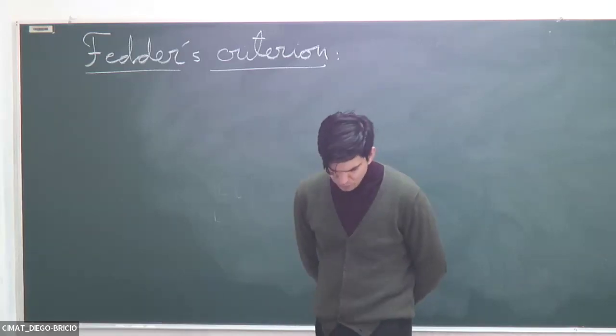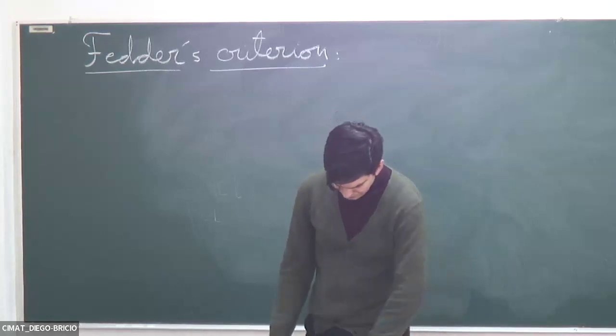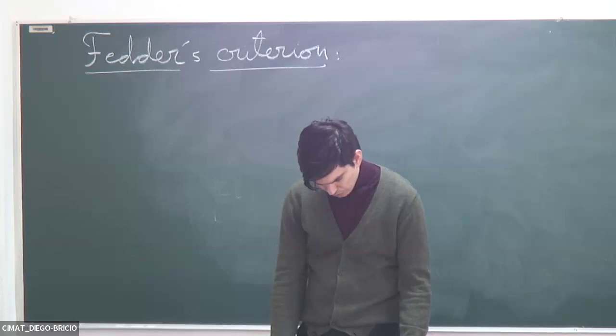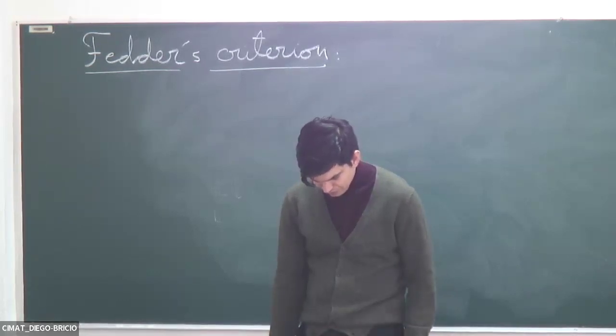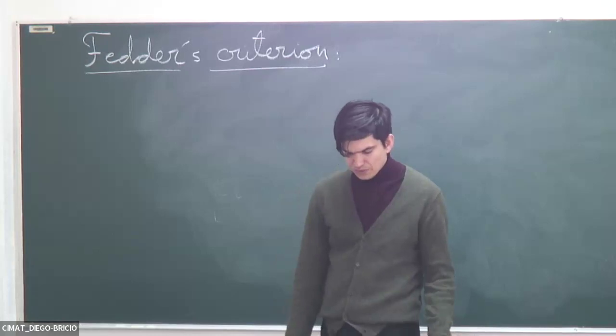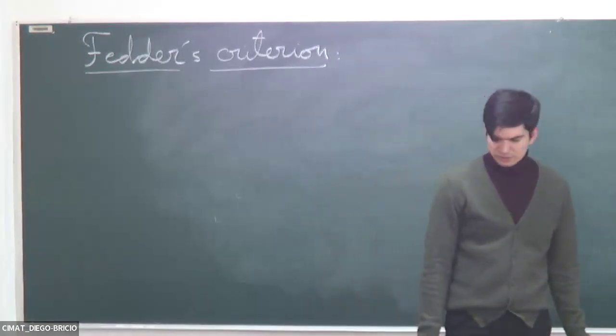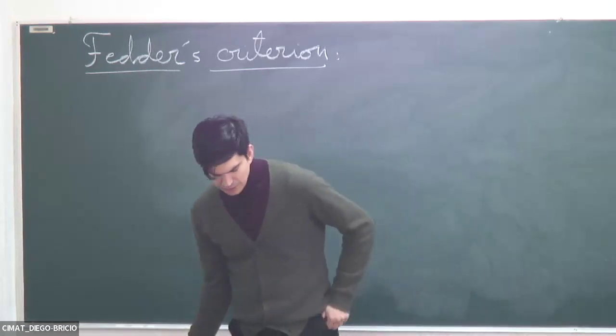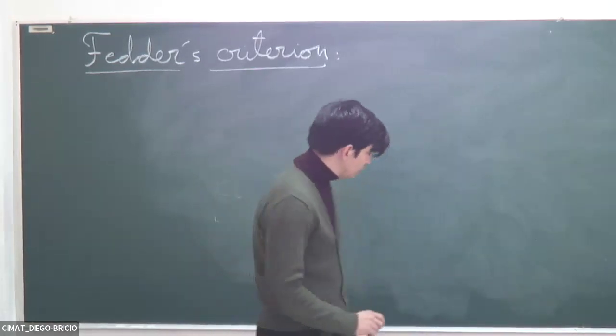But I don't know if before we get into Fedder's criterion, it would be wise to do a little recap about the injective hull of the residue fields again. There's a few things I would like to say that I didn't say the other day that are very important. So let's start there, okay?